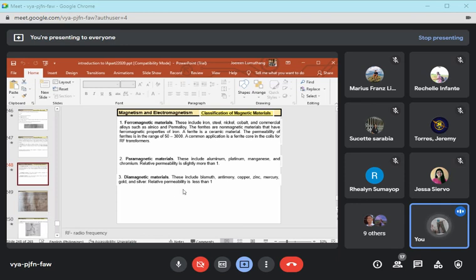We have here the classification of magnetic materials. We have the ferromagnetic materials. Ferromagnetic materials include iron, steel, nickel, cobalt, and commercial alloys such as alnico and permalloy.